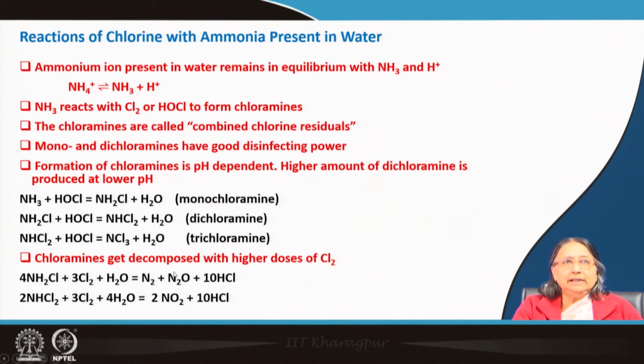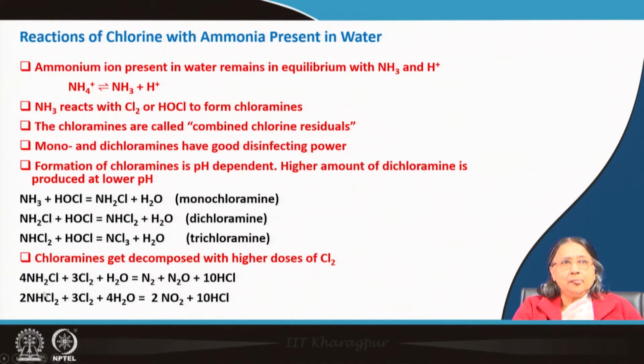Now, chloramines get decomposed. Chlorine is a very good oxidizing agent, you have seen that. If you increase the dose of chlorine, what will happen? These chloramines also will be oxidized.